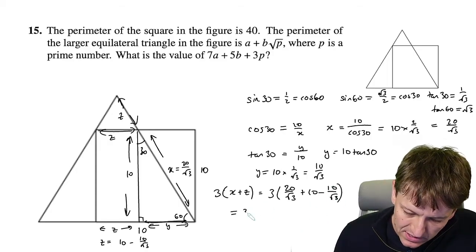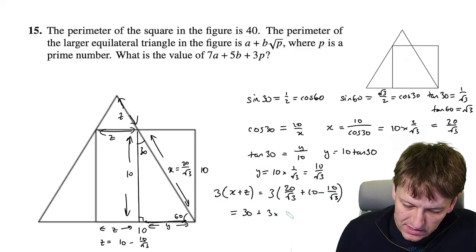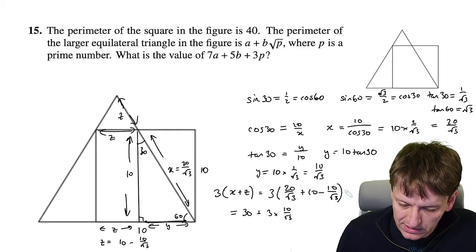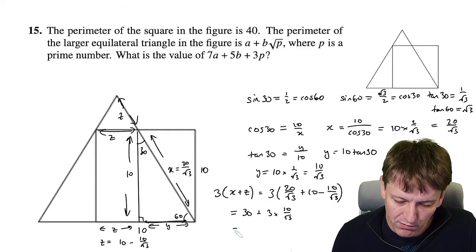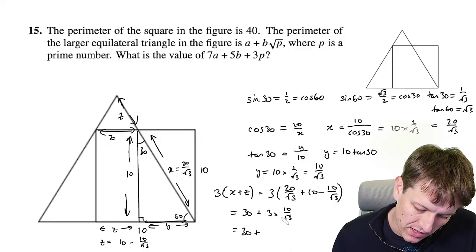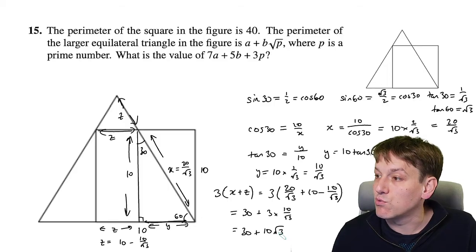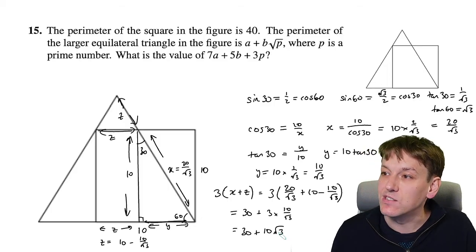So that is 3 times 10, and then 3 times 10 over root 3. Just combining these two together, 3 times 10 over root 3 gives me, well, 3 divided by root 3 is root 3, so that's 30 plus 10 root 3. So I've got everything I need to do the answer now, right?